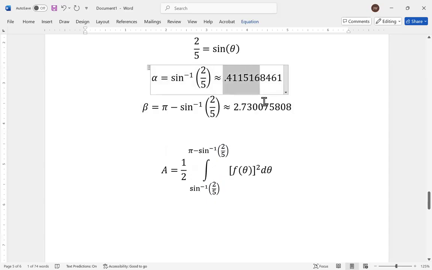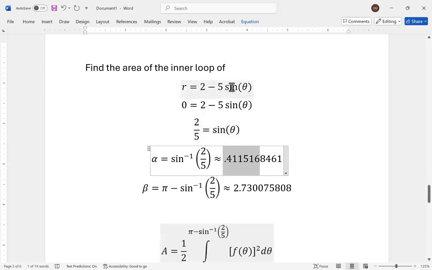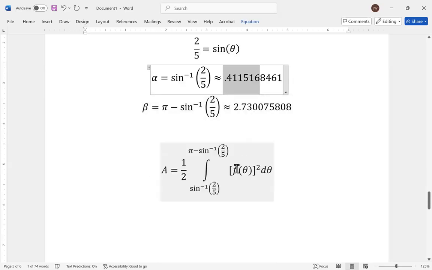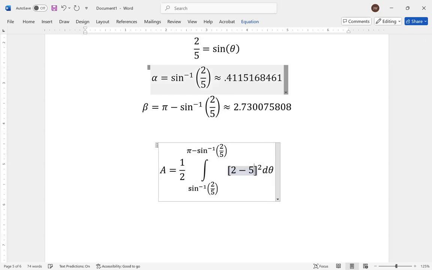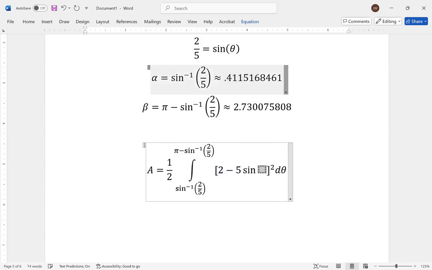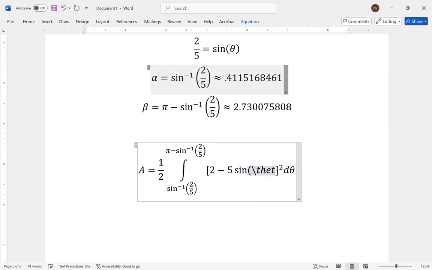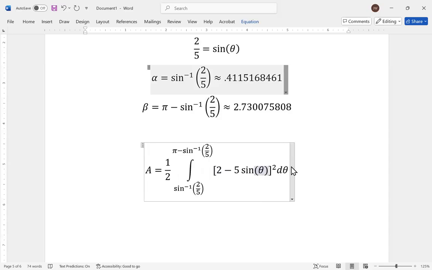And again, if you're okay with an approximation, you can just use the decimal versions on your trace feature. But remember, the r is 2 minus 5 times sine theta, so that's my function, 2 minus 5 times sine of theta. That's something that I can plug in. Obviously, it looks pretty messy when I plugged it in, but it's still very much doable on a calculator.